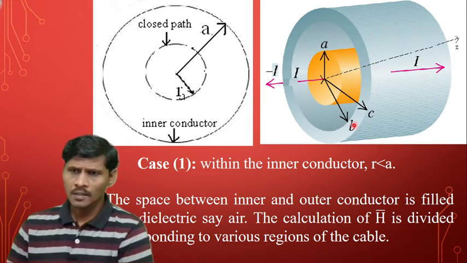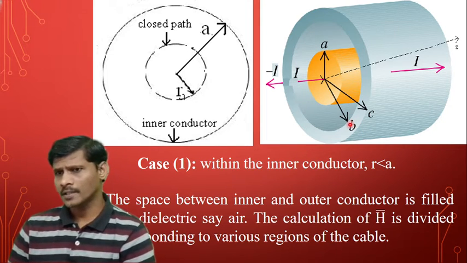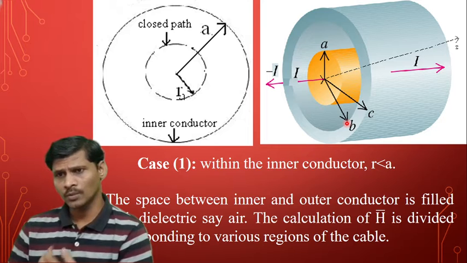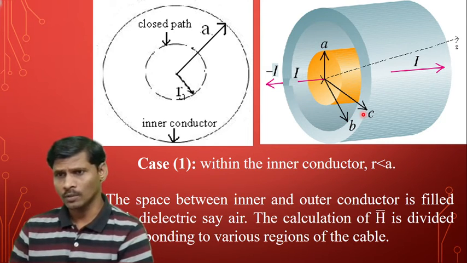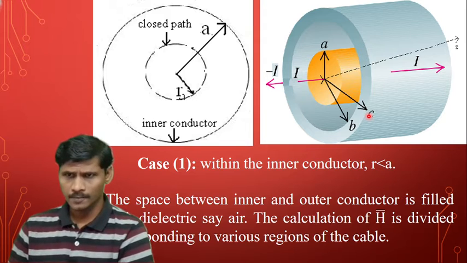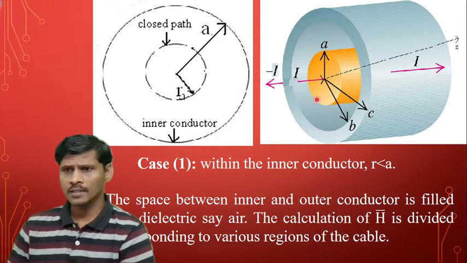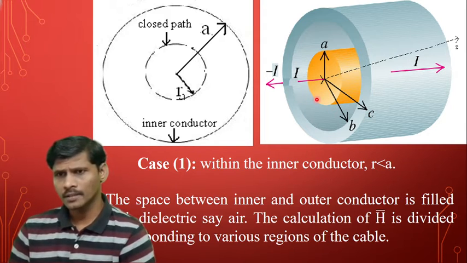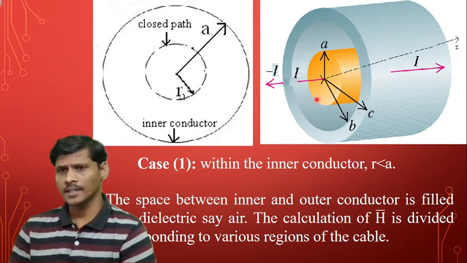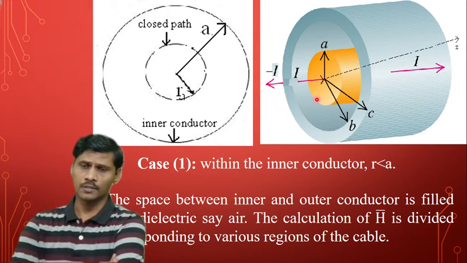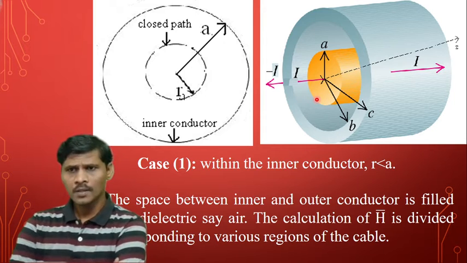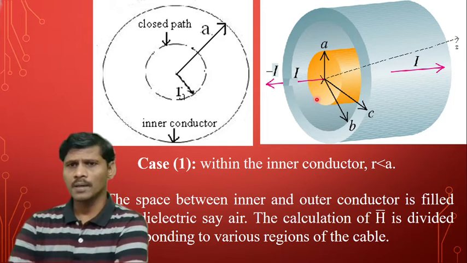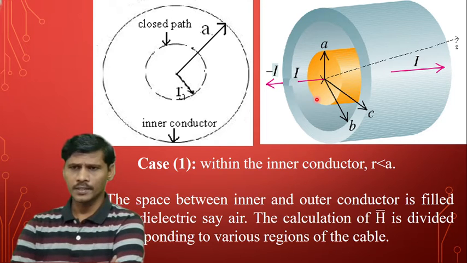The inner one has radius b meters and the outer one has radius c meters. The inner conductor carries I and the outer conductor carries minus I amperes, uniformly distributed. So now here we can determine magnetic field intensity in different cases.